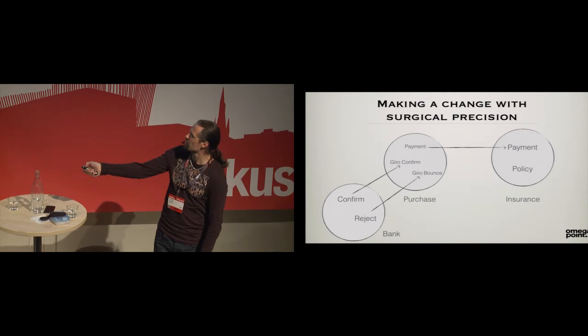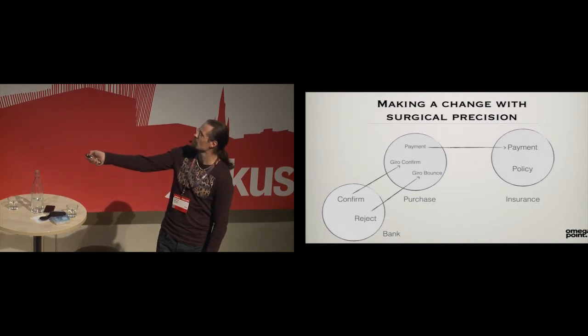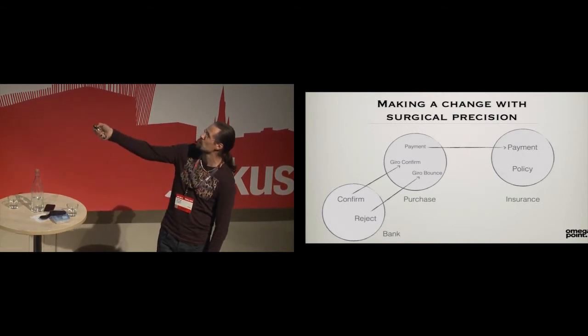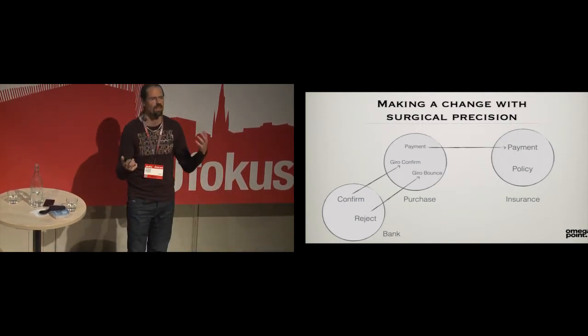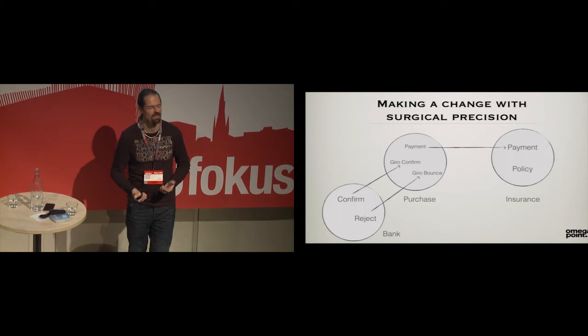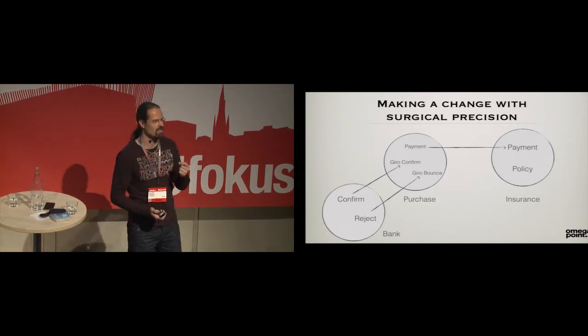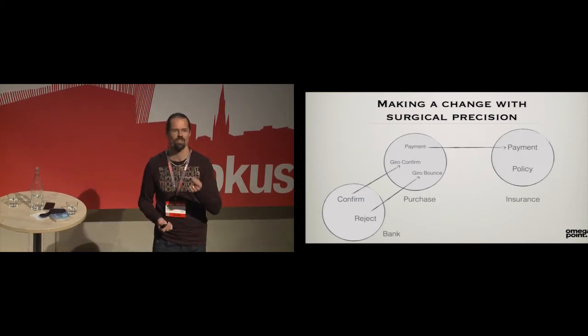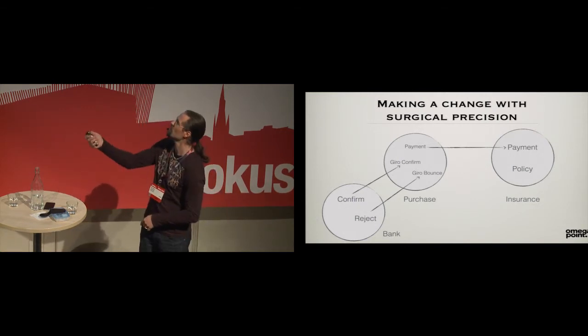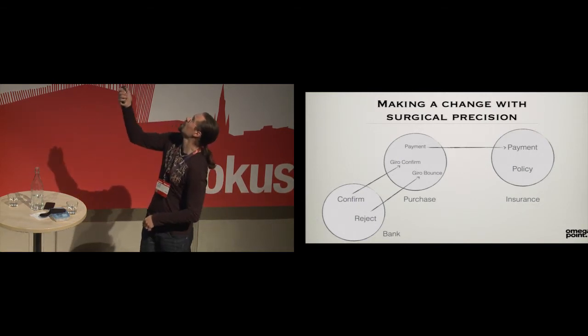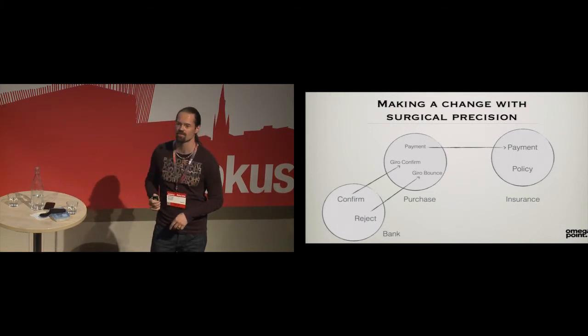And then we interact with the bank. So when they get a confirm or reject from the bank, we map them to giro confirm or giro bounce. Everything works nice and fine and dandy until someone makes a giro payment which bounces. Because the payment has been registered, the policy has been prolonged.